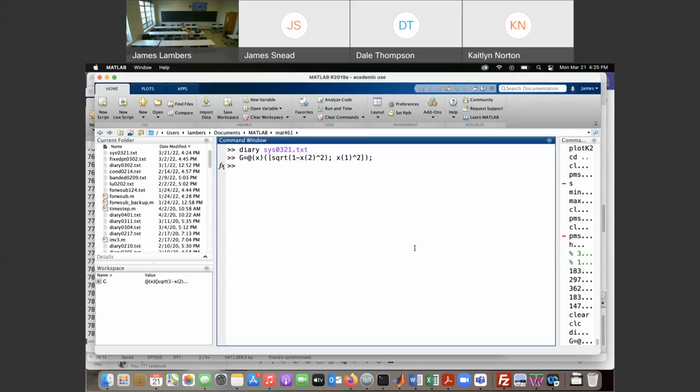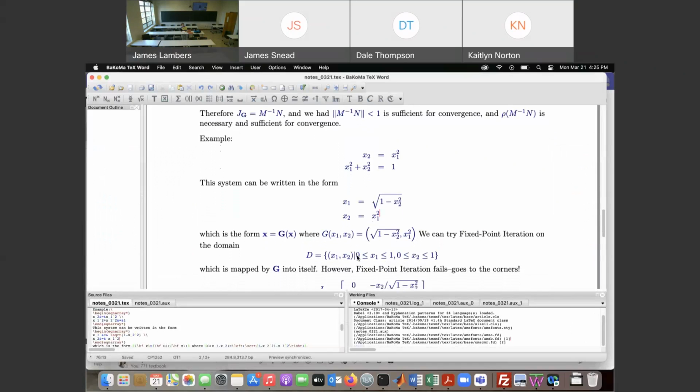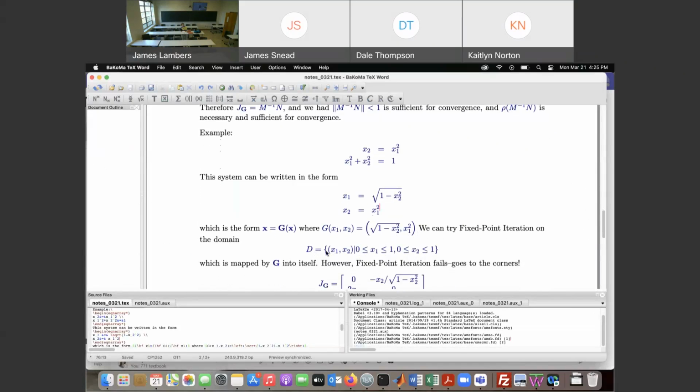Now, I can assume that I work within the domain where x1, x2 are between 0 and 1. If x1 and x2 are between 0 and 1, then g of x1, x2 will also be between 0 and 1.